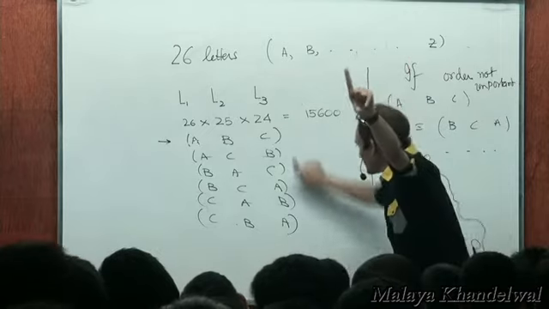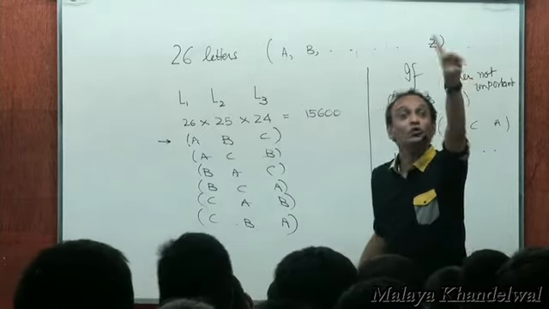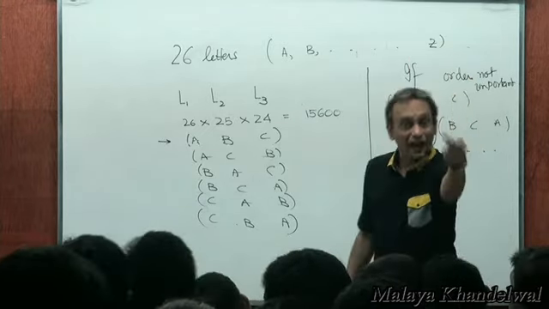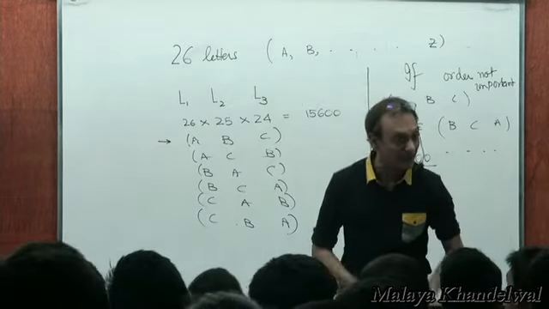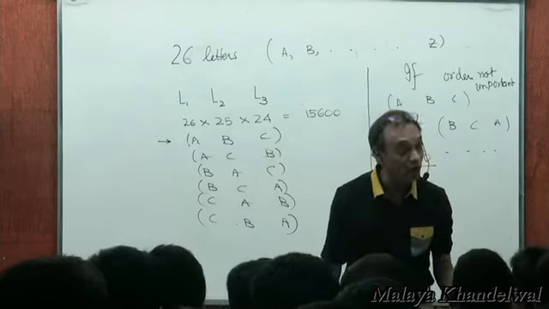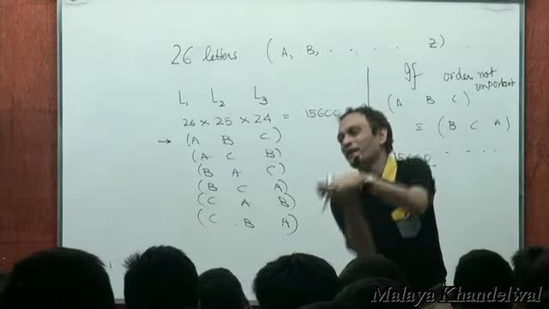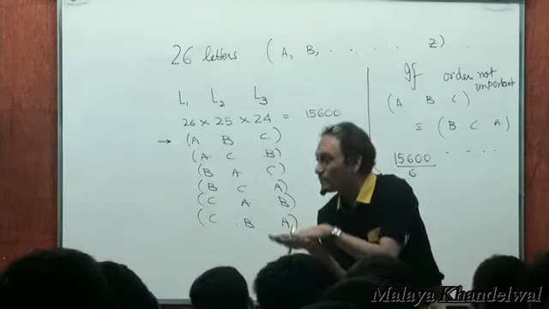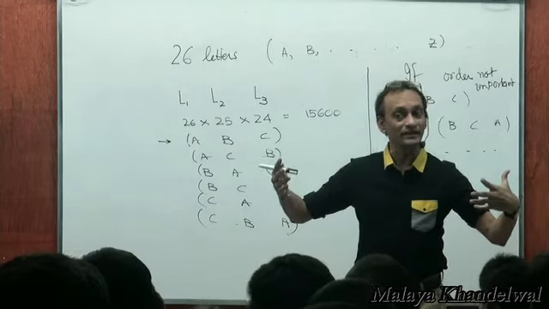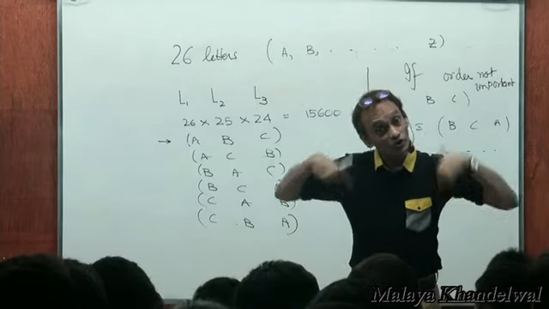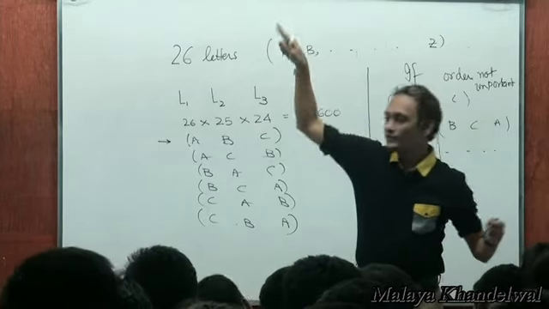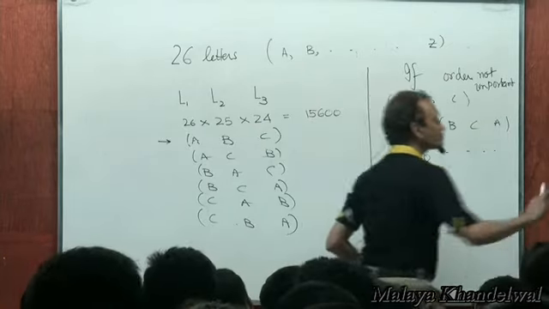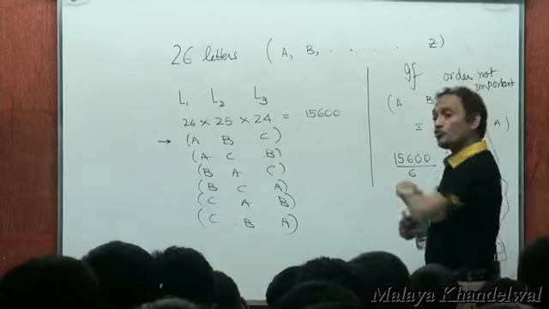These are 3 factorial counts, 6 counts, but only 1 is relevant. Therefore, we had to divide by 6, by 3 factorial, if the order was not important. That's called suppression of count. Count suppressed to get what is required. If the order is not important, you divide by r factorial. Clear? Now, so far so good, right?